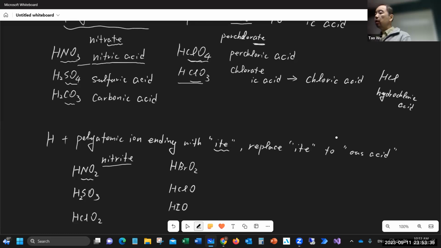So this is called nitrous acid. Nitrous acid. Okay, so change the ITE to OUS acid. And this one is called sulfite, right? You change the sulfite to sulfurous acid.